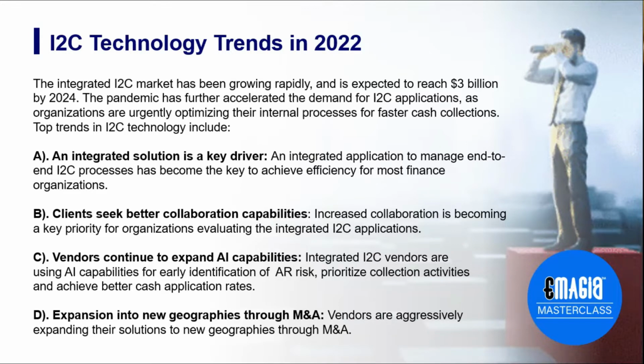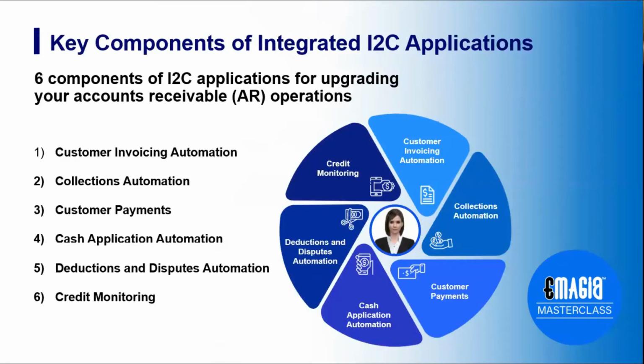And with AI, though, you're moving into operations that emulate human thinking and learning and get you into more operations that can be automated. A good example of this is the credit application process, which we'll talk about. And certainly the expansion geographically, which is a good thing as well. So what are the key components of what we call integrated invoice-to-cash applications?